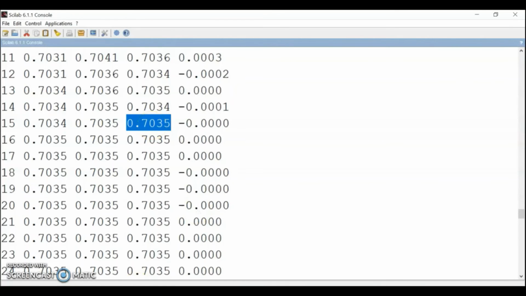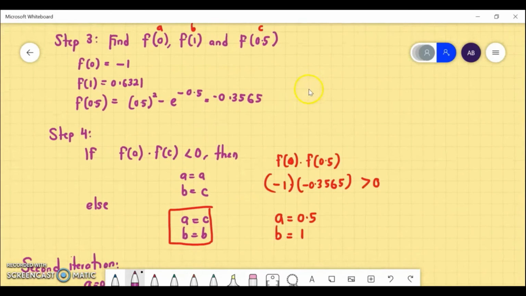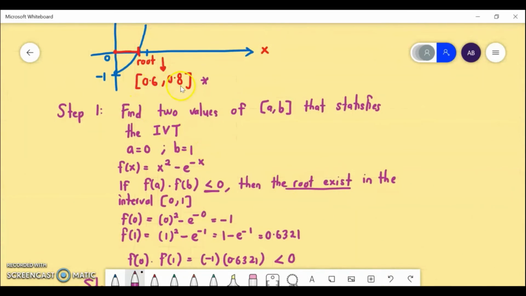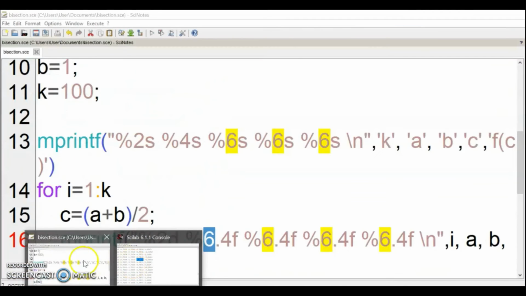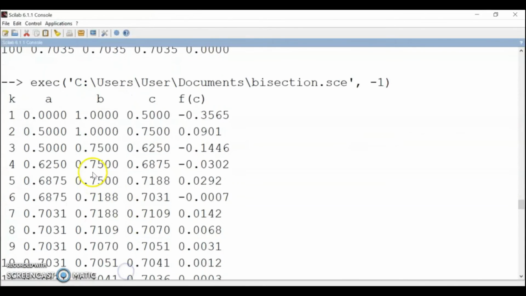And we know that it's going to be somewhere in between 0.6 and 0.8. You can see that it converges at C equals 0.7035. But I'm going to edit this, because it's okay, but you have to see through the convergence here.